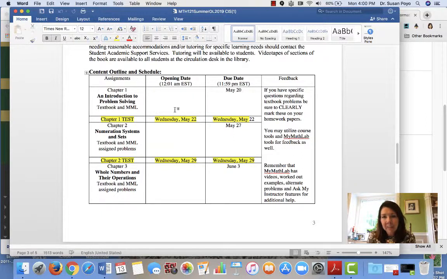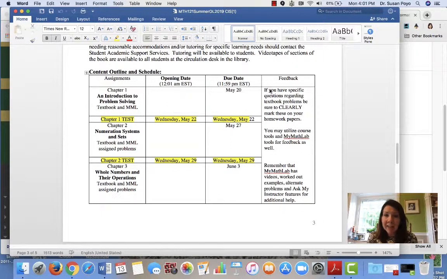And that is a separate sheet that I just mentioned about the textbook assigned problems, so you'll know which problems to do and what page those problems are on. You'll also have problems in My Math Lab. Now, both the textbook problems and the My Math Lab problems need to be completed, actually 2 days prior to taking the test.